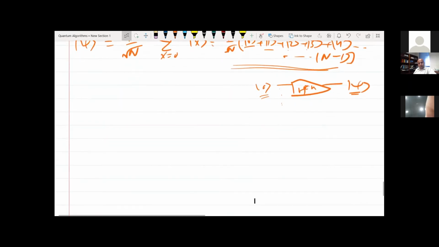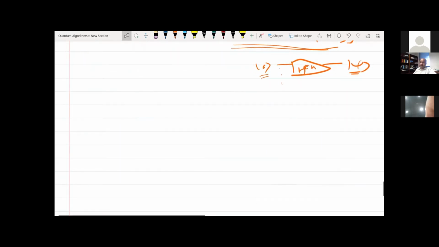Okay, so before I get to the quantum search algorithm that I have to explain in this workshop, let me do one more thing, and then we will go to that. And that is, what happens if we have a general input state, and what does the Hadamard transform do to it?